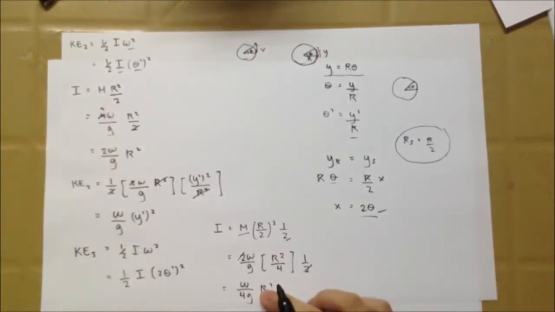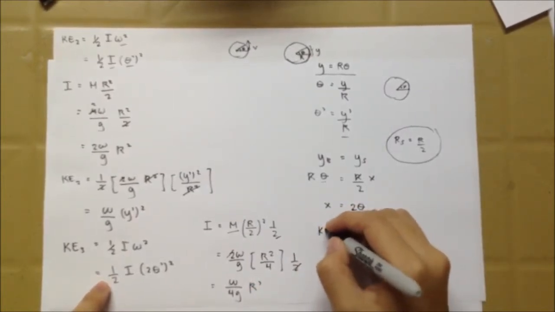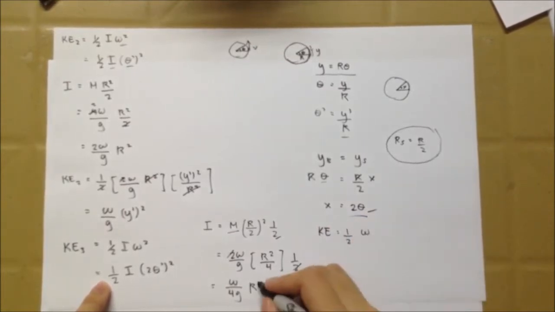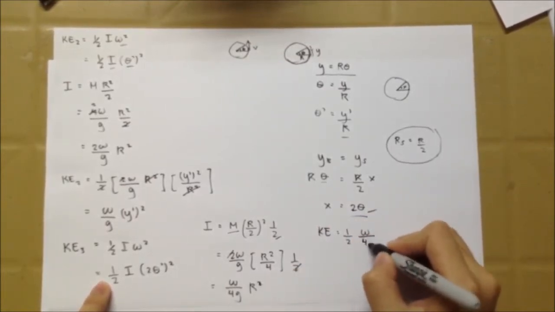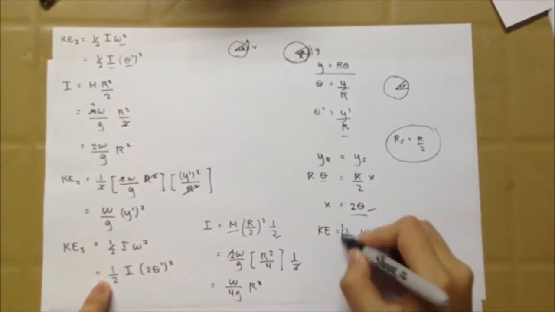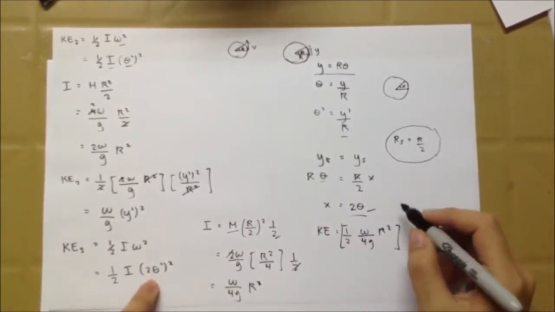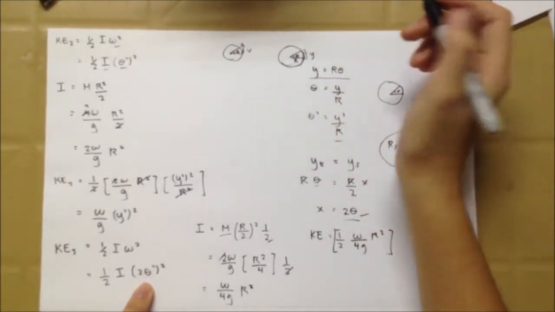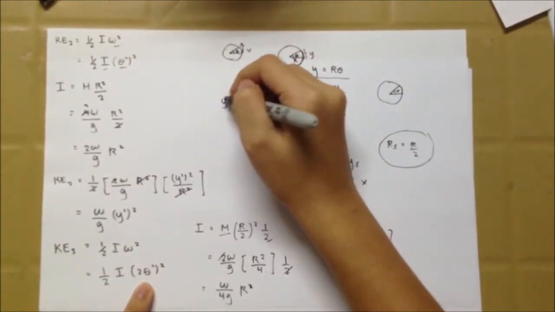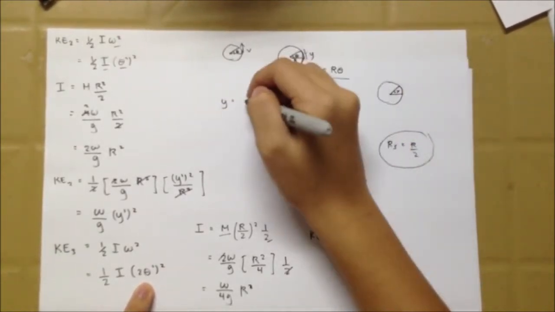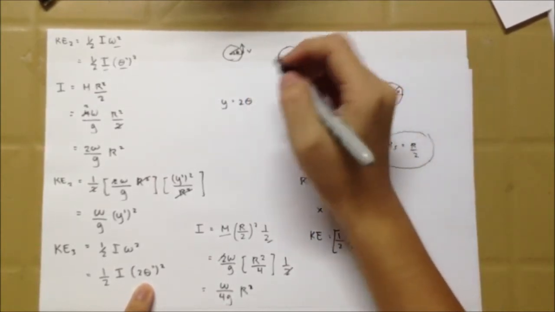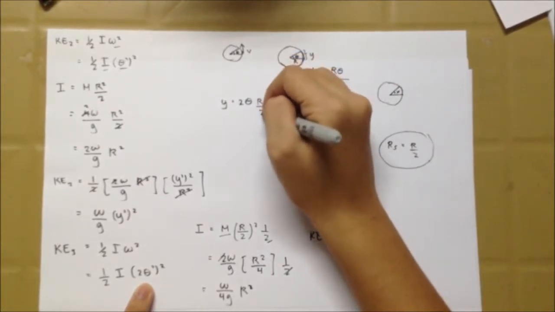Substituting back my inertia, I will have the kinetic energy for my smaller pulley to be 1/2 times w over 4g r squared times 2 theta prime, squared. Take note that for your smaller pulley to produce the same y, it must turn twice the displacement that your bigger pulley turned, and it also has a radius that is 1/2 of the bigger pulley.